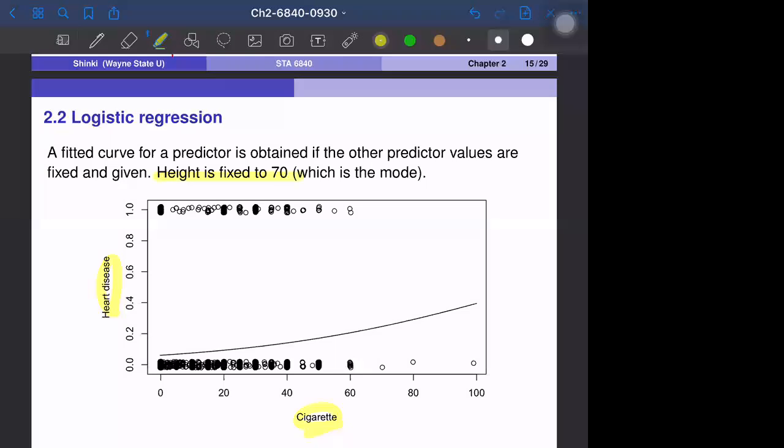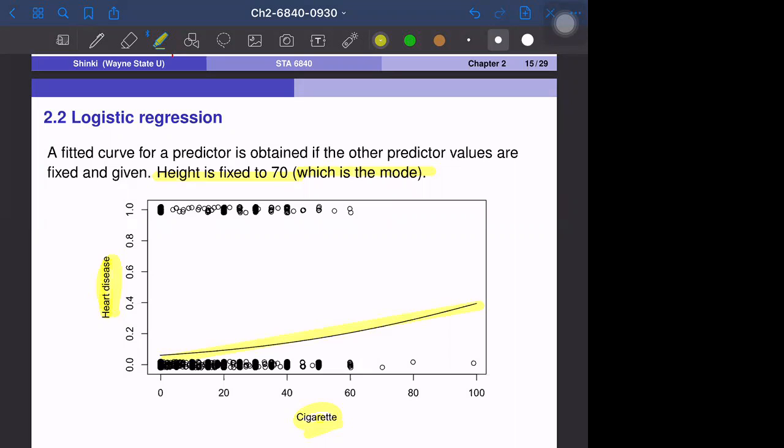So we fix height equal to 70 in this slide. 70 is the mode of the height, 70 inches. If we fix 70 and think about the relationship between cigarettes and the fitted heart disease probability, that becomes this curve.